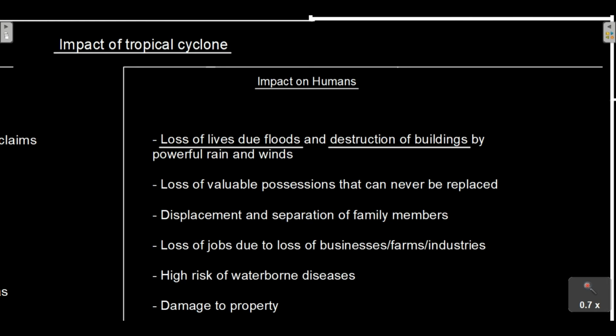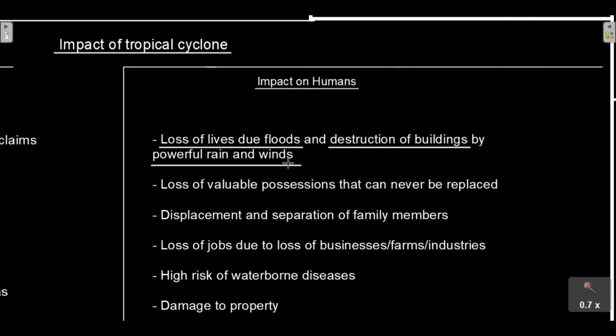It can destroy a building that is not prepared, that is not built with materials that can withstand the wrath of tropical cyclones. So people lose lives due to flooding, and they can also lose lives due to destruction of buildings by powerful rainfall and winds. That's torrential rainfall, guys. That's pouring rain, and those are the highest wind speeds.